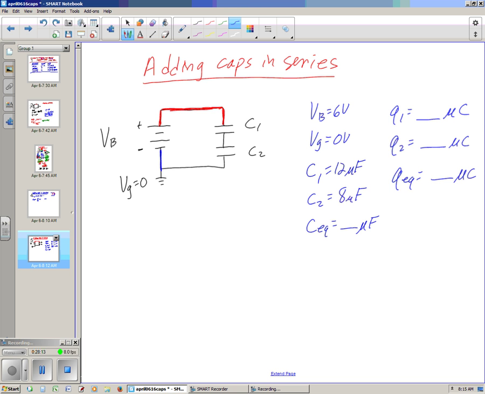Now let's color all these 0 voltage wire blue. And that's that. Because we don't know what's going on in the middle, I'm going to color this middle wire here green.